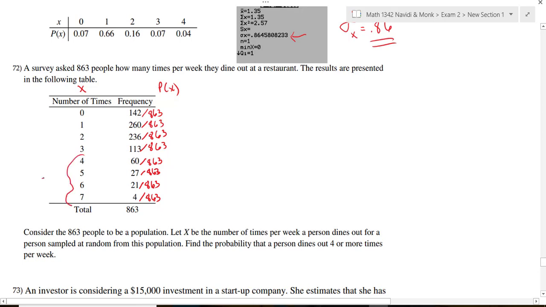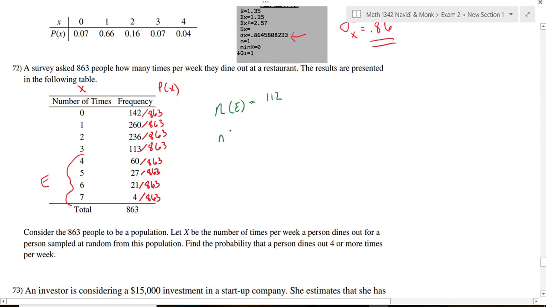This is my event. So the number of elements in my event is equal to, I could just add these numbers up. So that's 60, 87, 88, that's 108, 9, 10, 11, 112 divided by 863. Oops, actually 112.